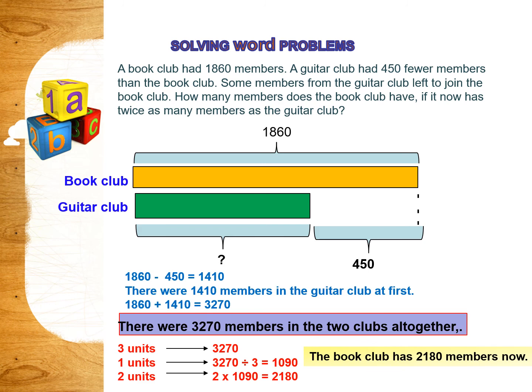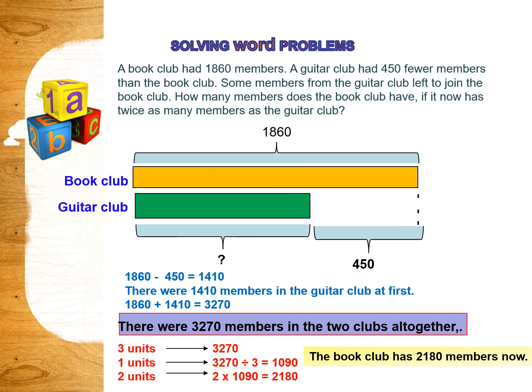Okay, how many clubs are there? They have two clubs, book club and guitar club. Then how many members had the book club? They have 1860 members. Then the guitar club had 450 fewer members than the book club. So first we need to find the members of the guitar club.